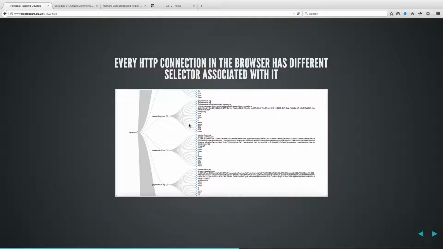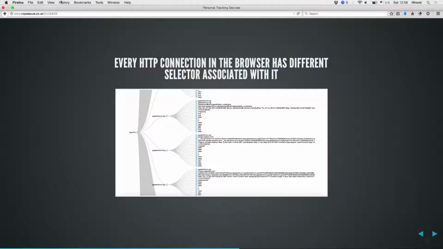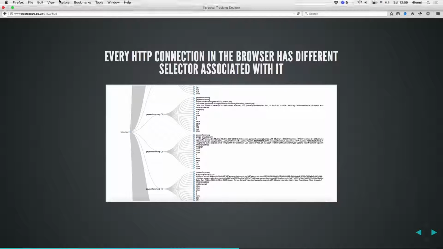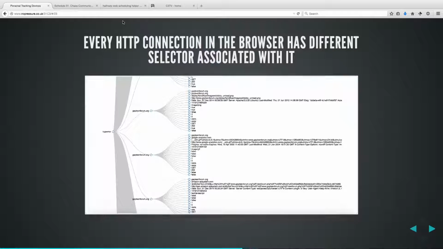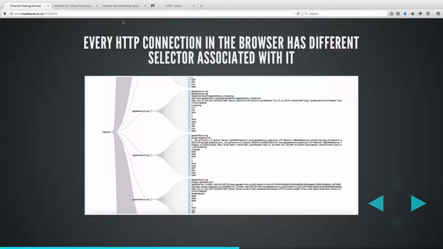And because this happens over HTTP, every connection that you make in the browser has some selector associated with it. The picture is kind of small, but let's see if I can zoom in.